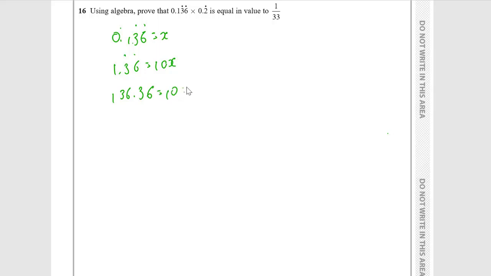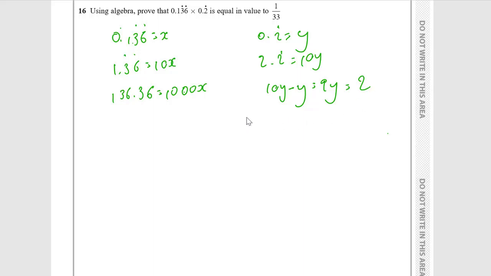Which equals 1000x. Now similarly for 0.2 recurring, y, so 2.2 recurring equals 10y, and then we can say that 10y take away y equals 9y, which equals, from our 2 here, 2.